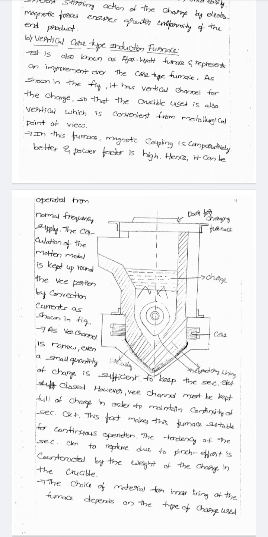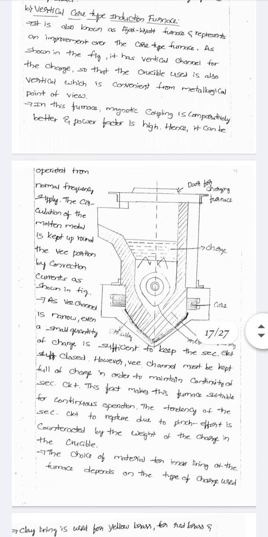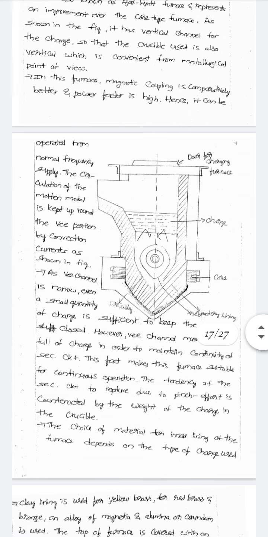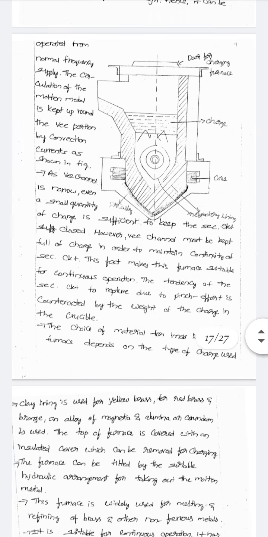That is the only difference between the direct furnace and the vertical furnace. The circulation of the molten metal is kept around by convection currents as shown in the figure. See that figure.